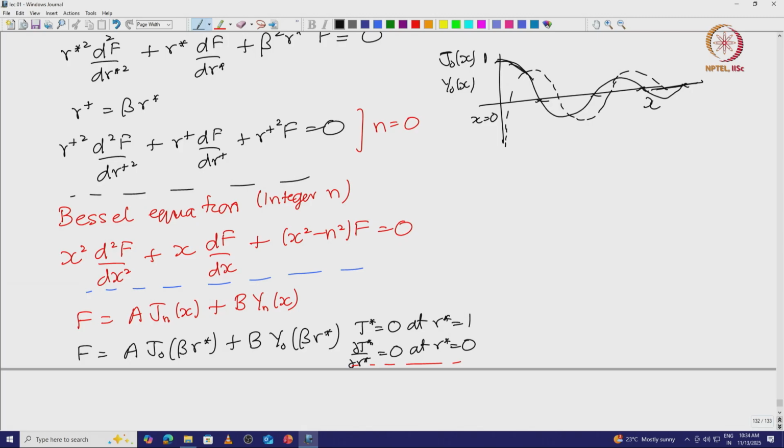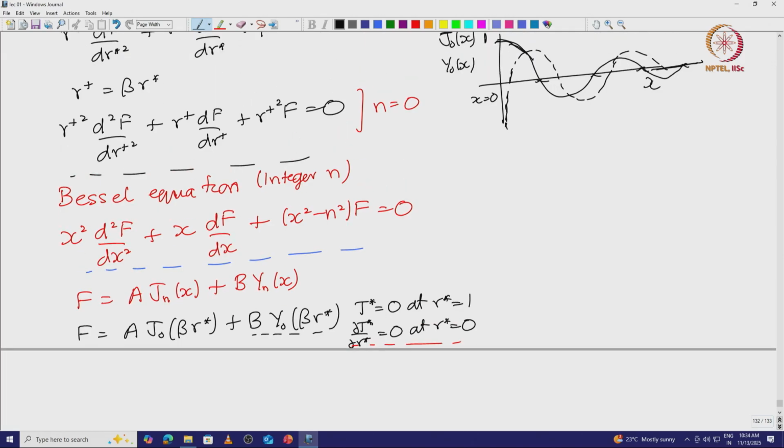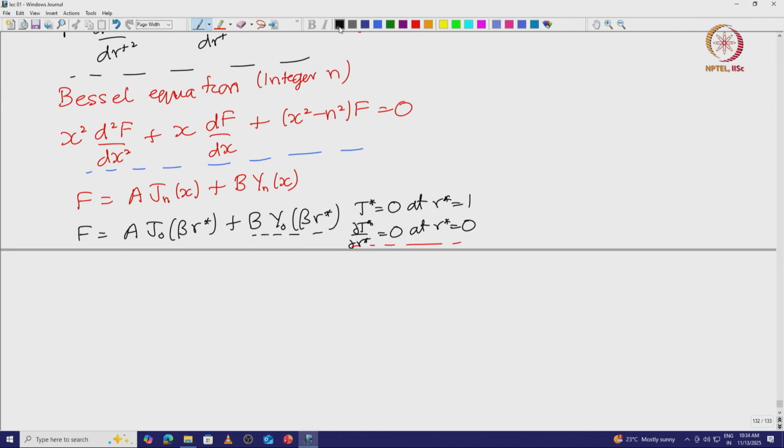This implies that the constant B has to be 0, otherwise this function will diverge at r equal to 0. So, from the symmetry condition at r equal to 0, I get A J naught of beta r star.